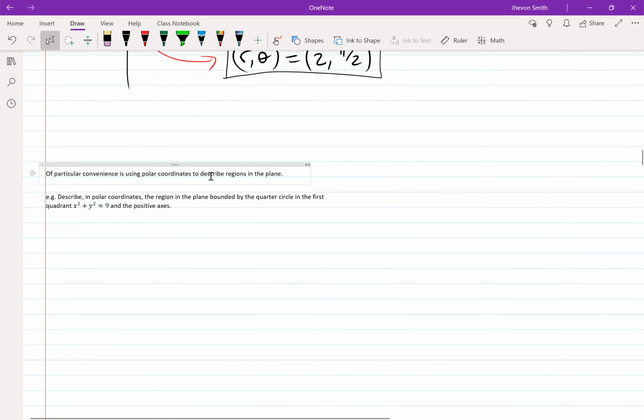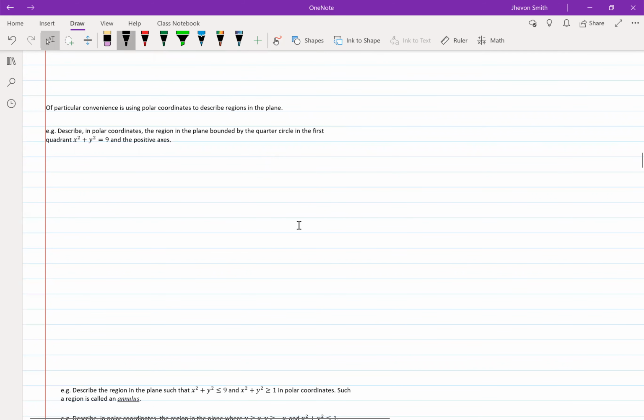So, for example, describe in polar coordinates the region bounded by the quarter circle in the first quadrant, which is the circle of radius 3, and the positive axes. So we are looking at this region here.